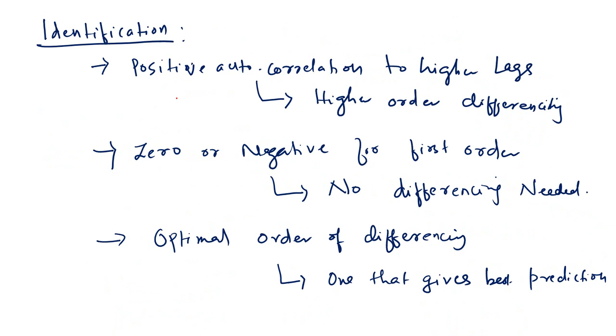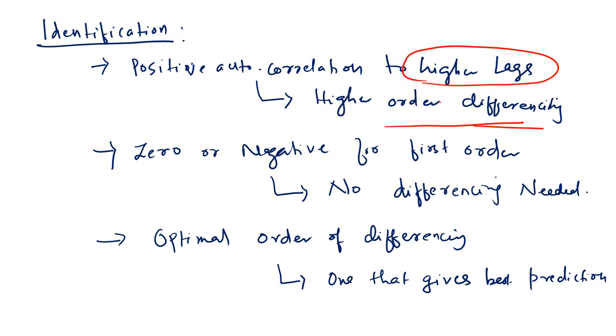The next point is, how do we identify the order of the differencing? That's an important thing. The rule of thumb is that if there is positive autocorrelation to higher lags, and you're sure that there's high autocorrelation till a lot of these lags, not just the first lag or second lag, then you need a higher order of differencing.